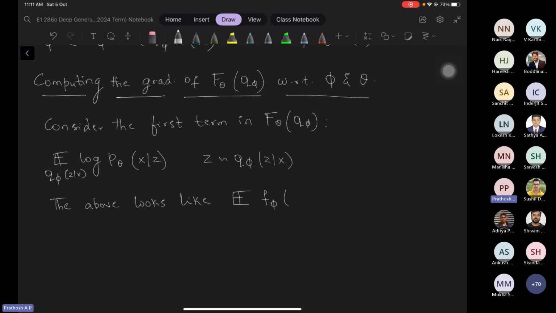So this is a function of some random variable v, and the expectation is with respect to a distribution p of v, and this is also a function of phi. Let me give you a simpler example.